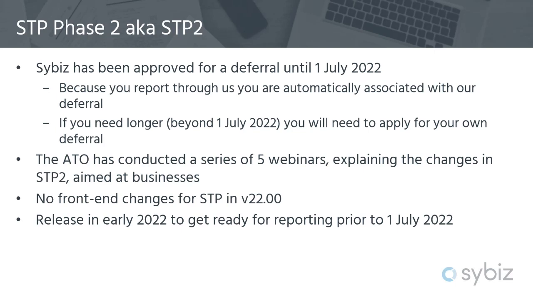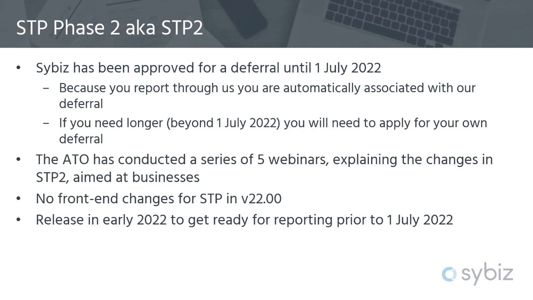And essentially you coattail our deferral. When you send your STP reports, the file has your ABN as part of it, so the ATO knows that you're associated with us, because you're also sending a product ID through the process as well. And so you're cool by association, in that you have a deferral based on our deferral.